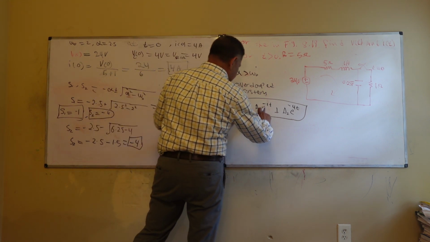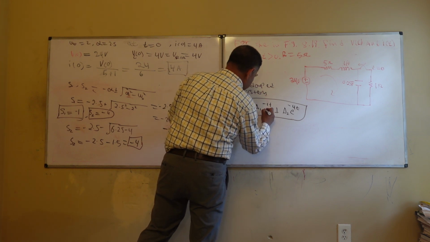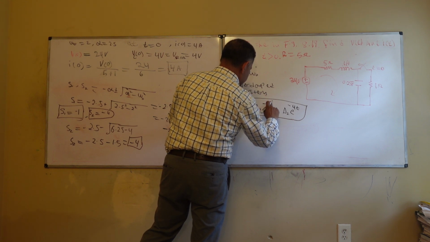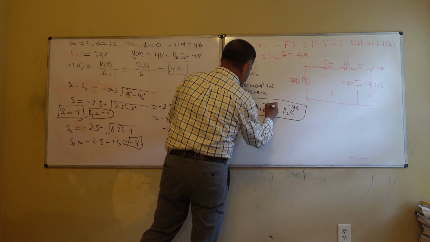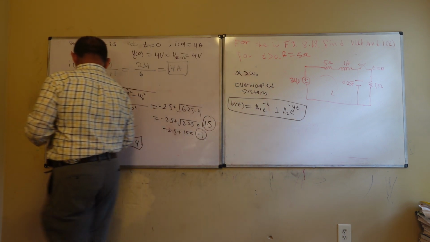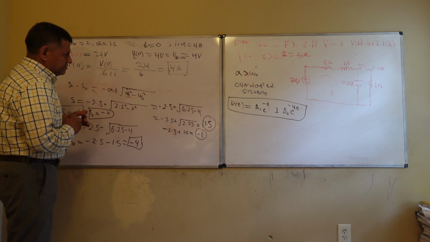But for right now we'll leave it as it is, because we still have to do something. So this is just t, and that is just 4. Okay, so now negative 4.